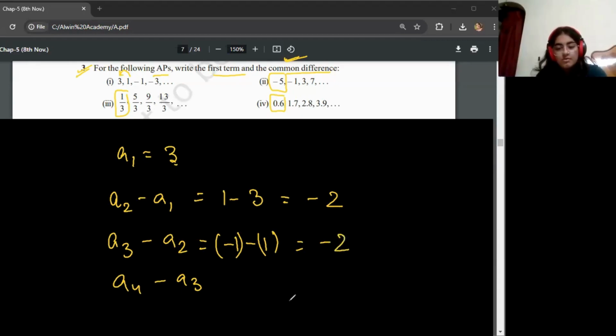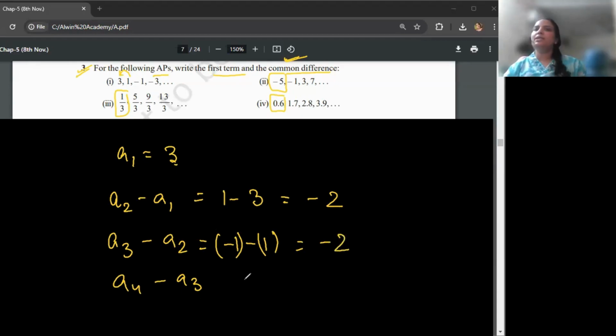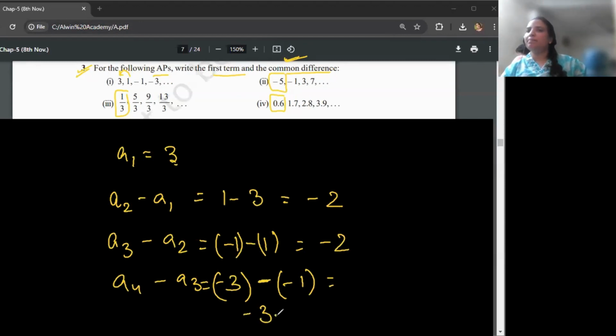Minus 2. Again, A4 minus A3 is minus 3, the term, subtracting the previous term minus 1 from it. Right or not? Now how to do this? Minus 3 plus 1. So what is the answer? Still minus 2.